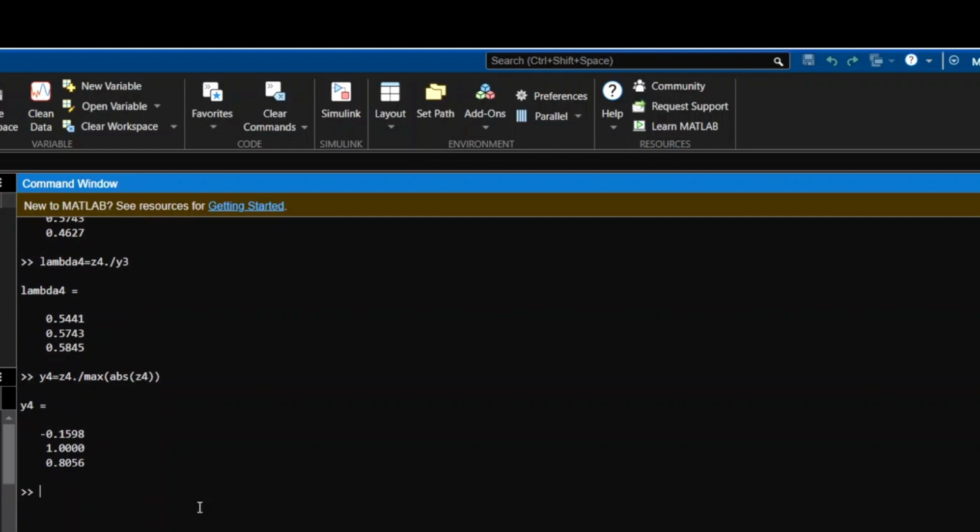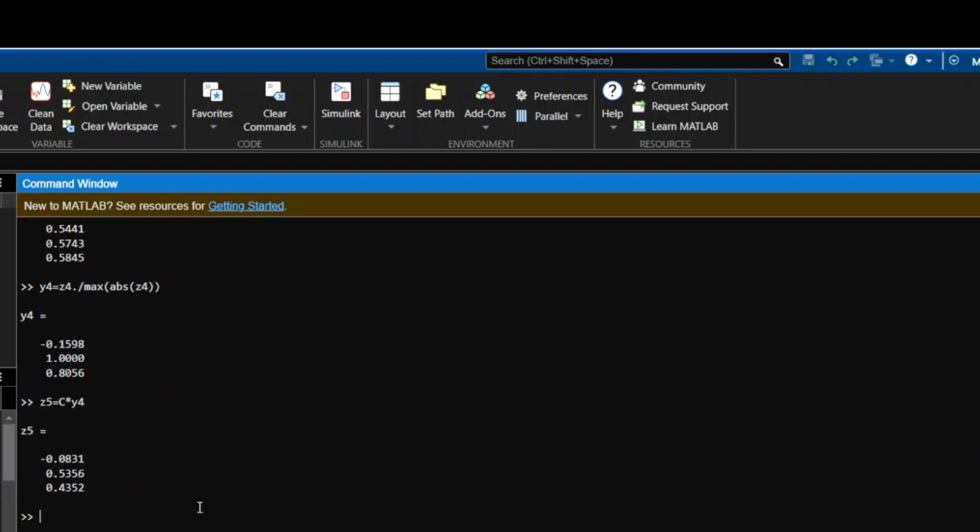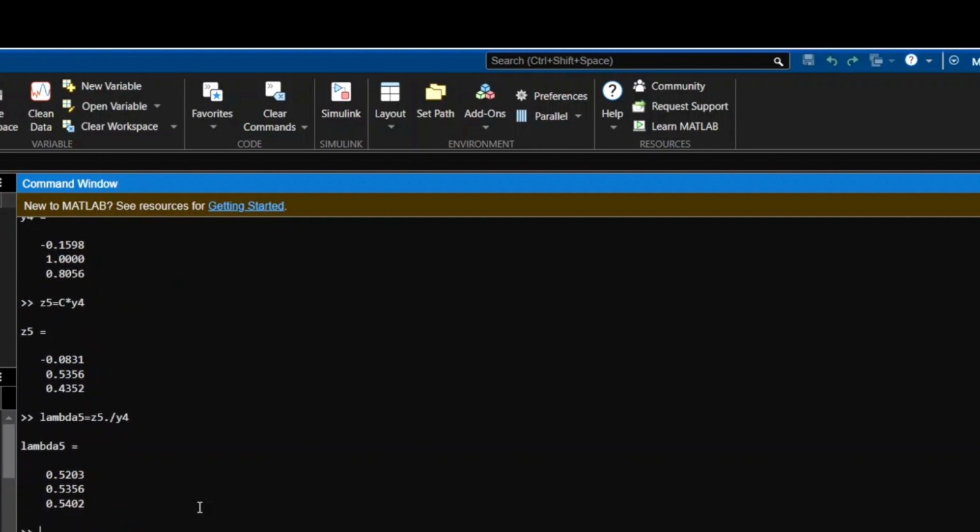Now Z5 will be what? C into Y4. So this is our Z5. And what is our lambda 5? Lambda 5 will be equal to Z5 divided by Y4. Right? Yes. So see, now the first decimal place has become stable.